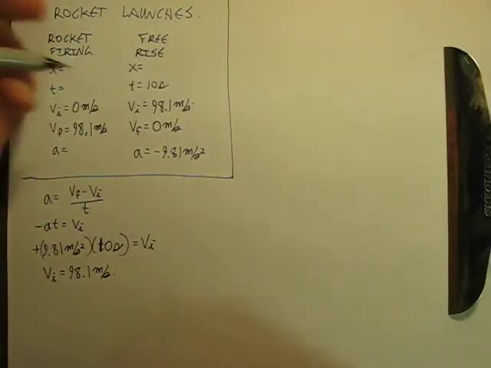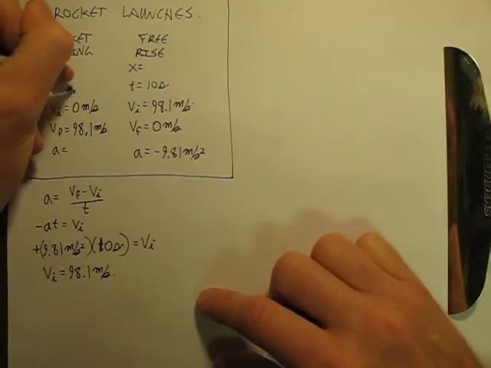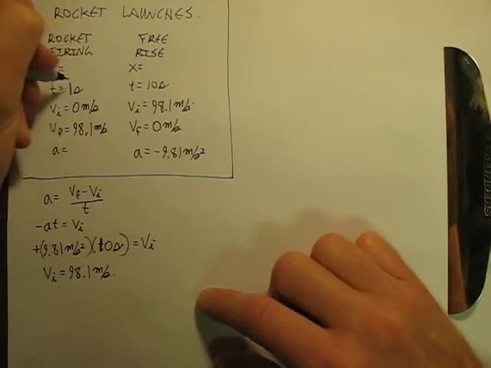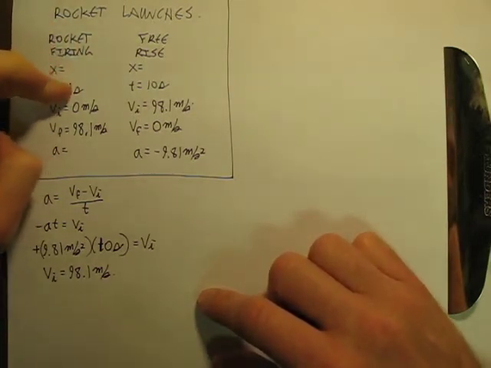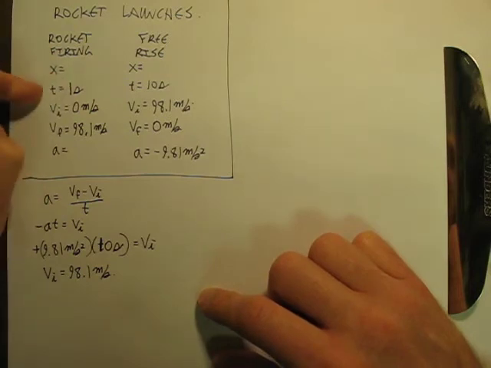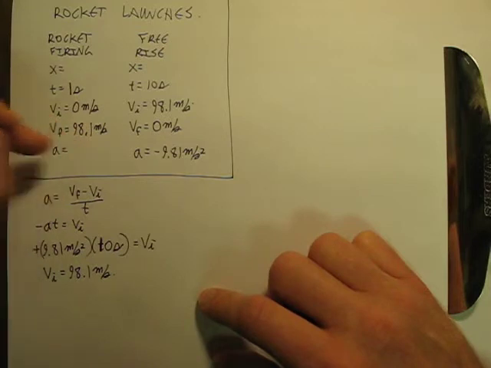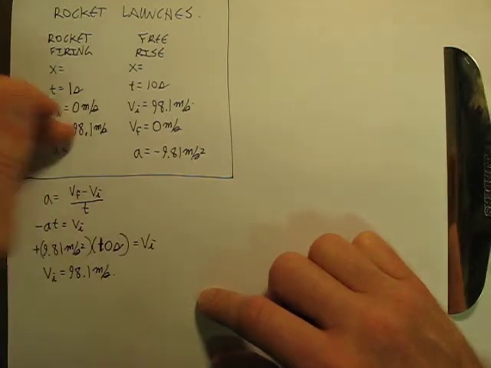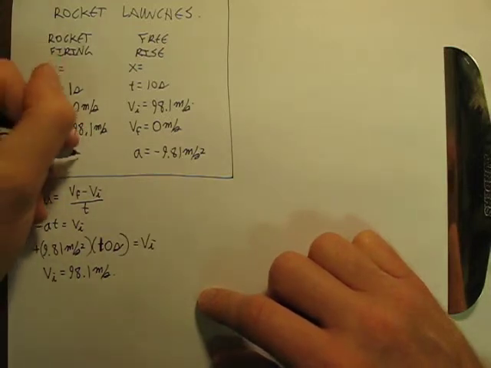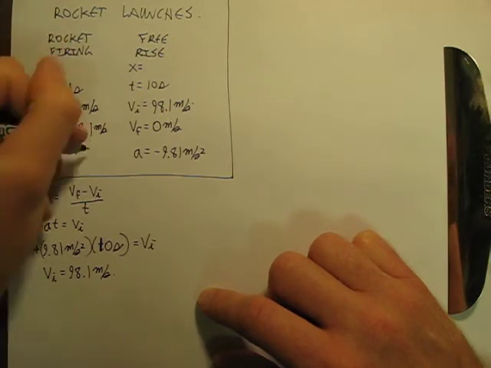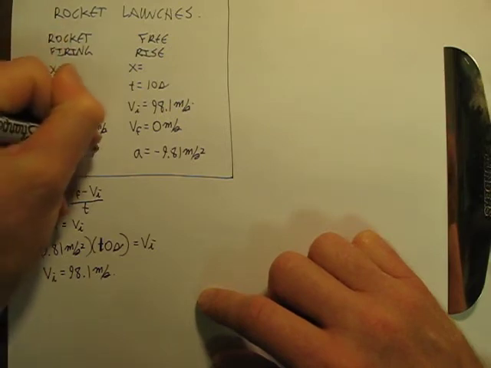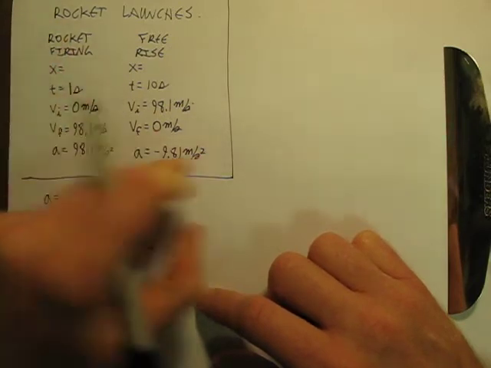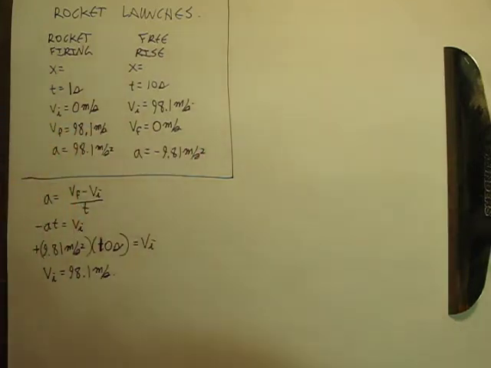And now, just as a rough estimate from looking at those videos, we see that the rocket fired for about 1 second, and so that's going to actually give us an acceleration for this phase of 98.1 meters per second squared, or about 10 Gs, about 10 times the force of gravity.